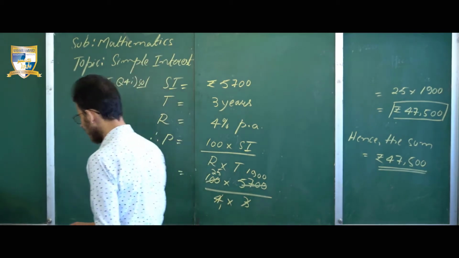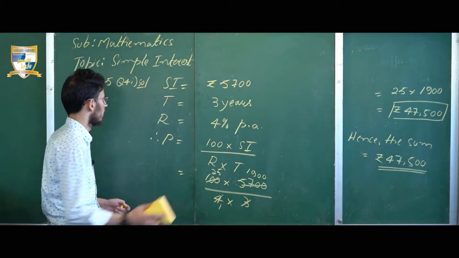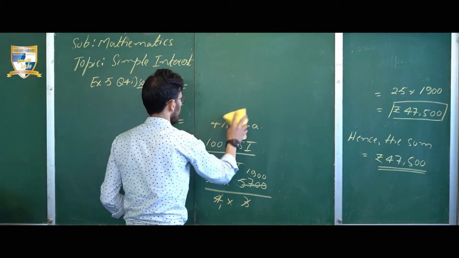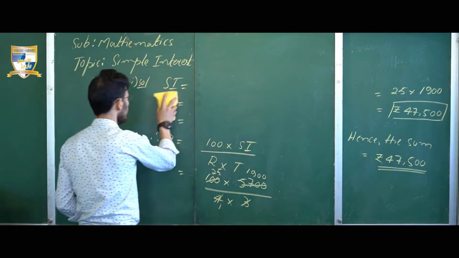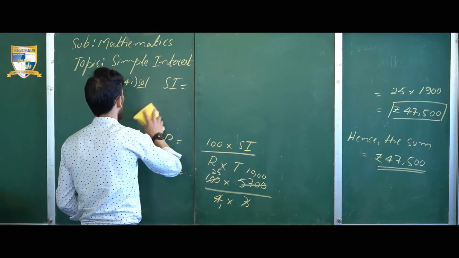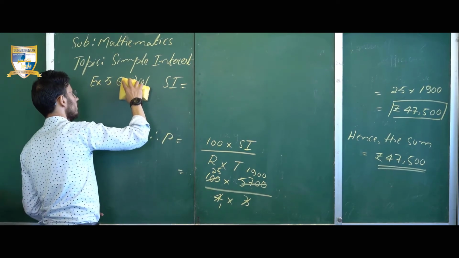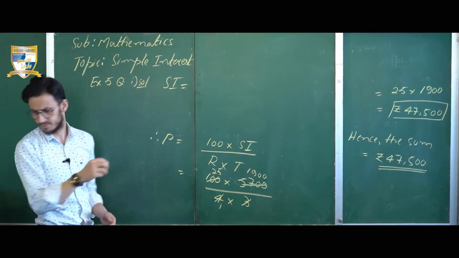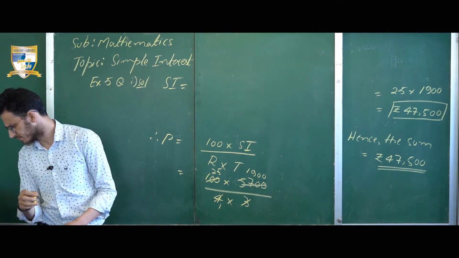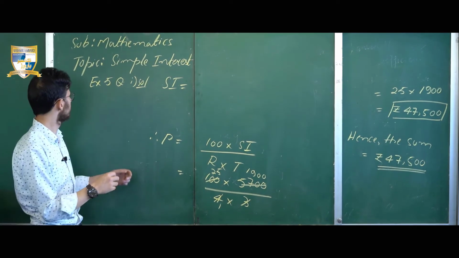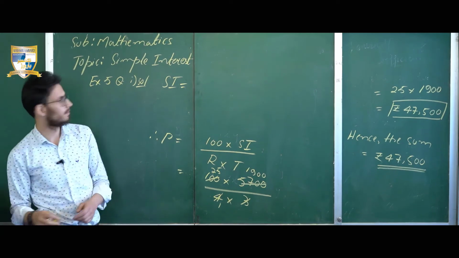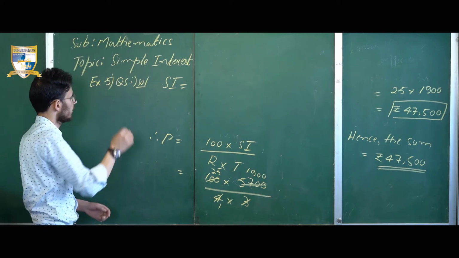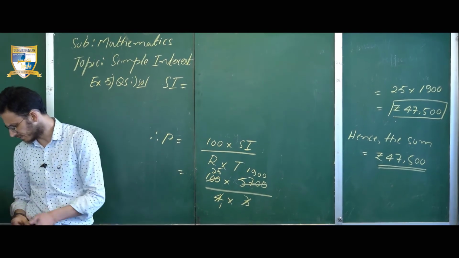So everything is given. Simple interest is given, rate is given, principal is given. Now we have to find out the time. This is exercise 5, question number 5, part number first. Simple interest is given.